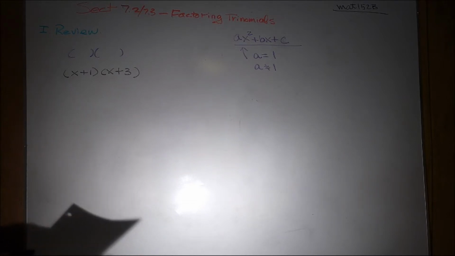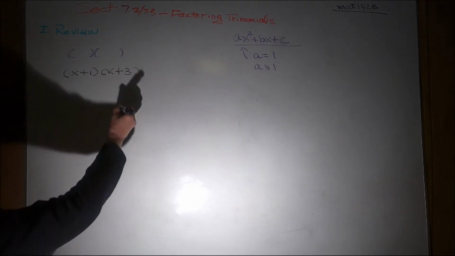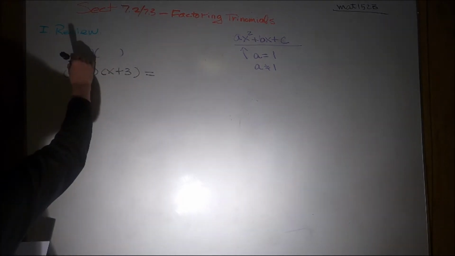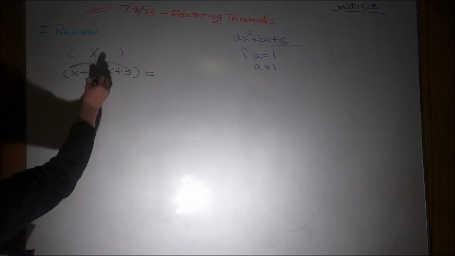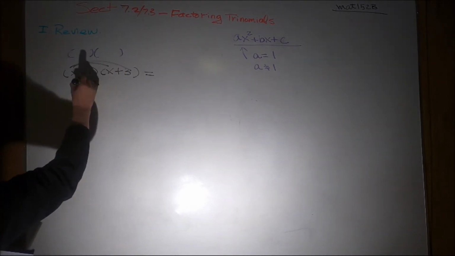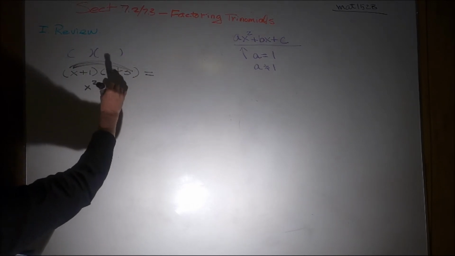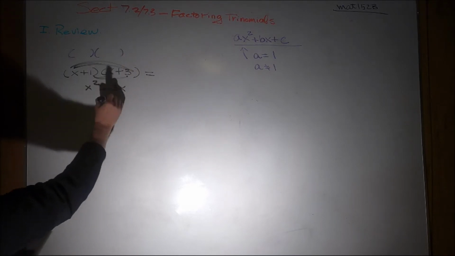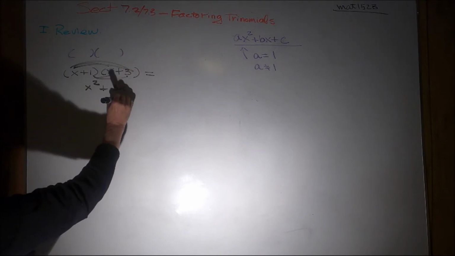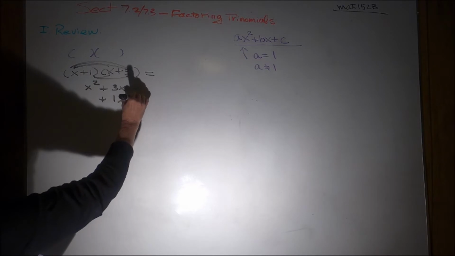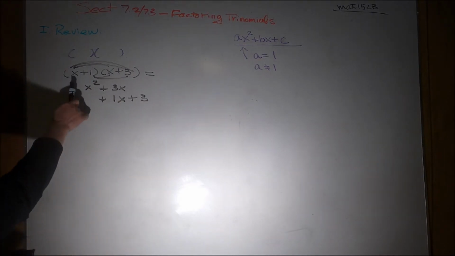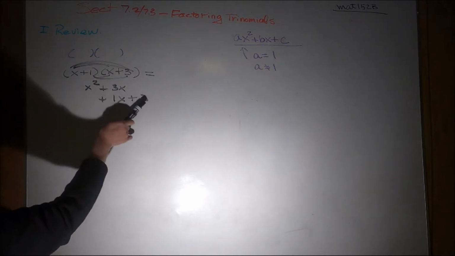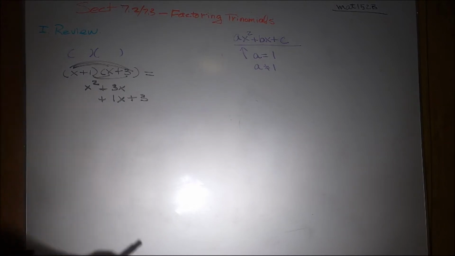FOIL, right? x times x, x squared, x times 3, plus 3x. Then bottom rainbow, 1 times x, 1x, 1 times 3, 3. 2 terms times 2 terms, we have 4 terms.